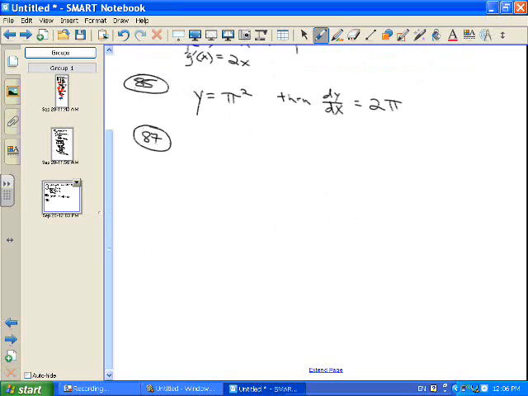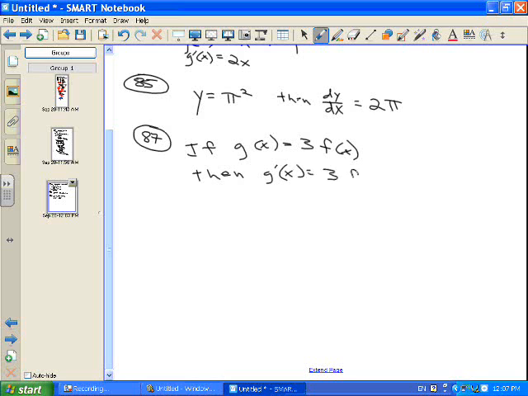All right, now 87 is kind of an interesting one. It says if g of x is 3 times f of x, then g prime of x is going to equal 3 times f prime of x. Well, first of all, let's use a specific example, and then we'll talk in generalities.